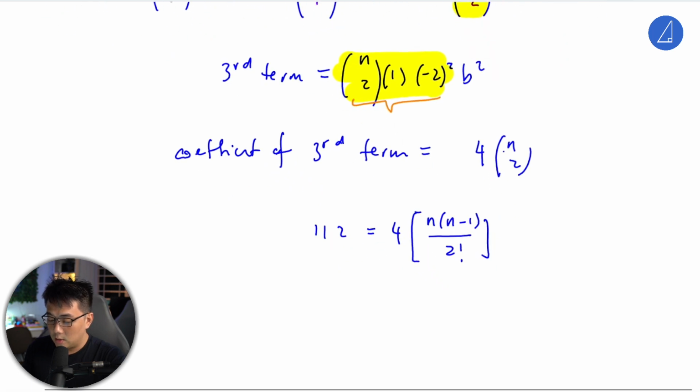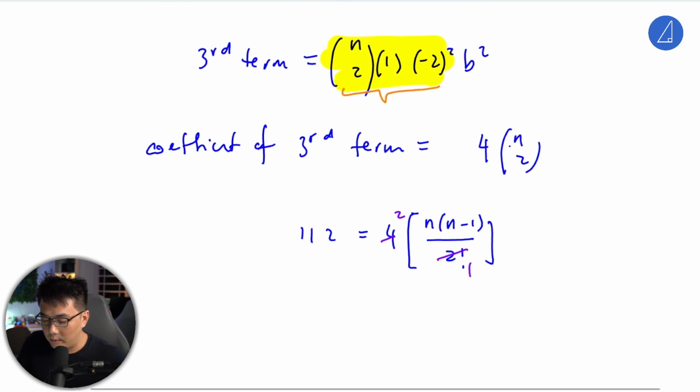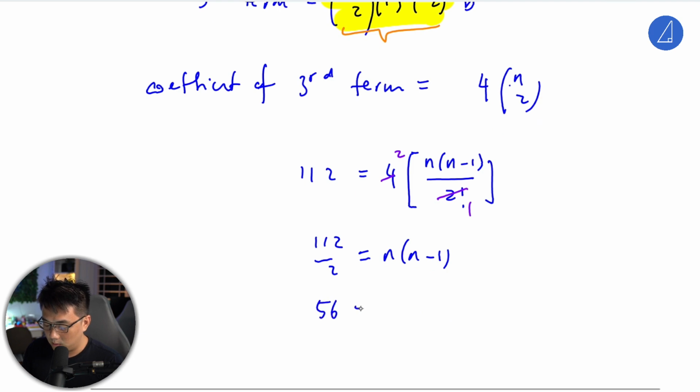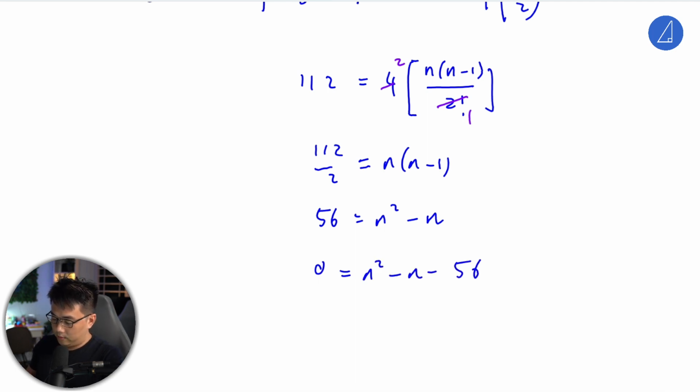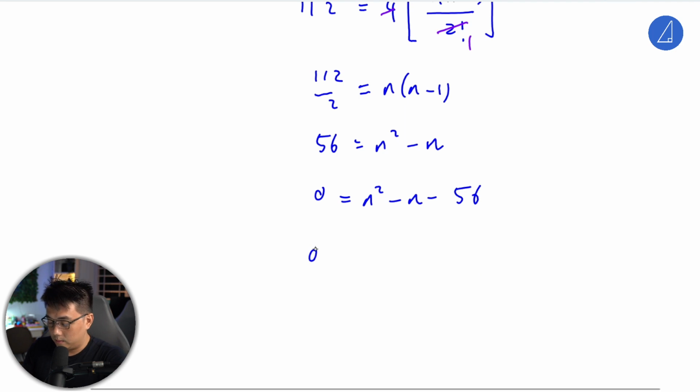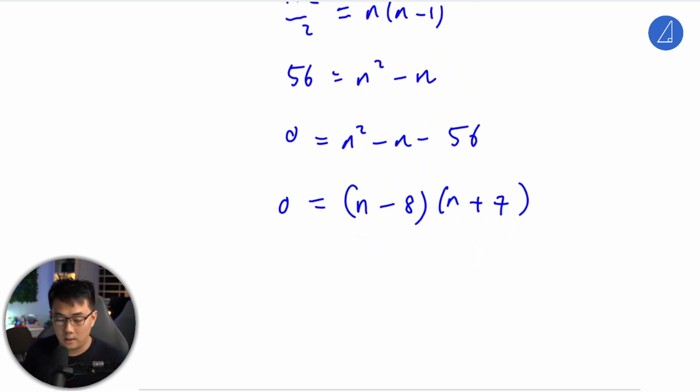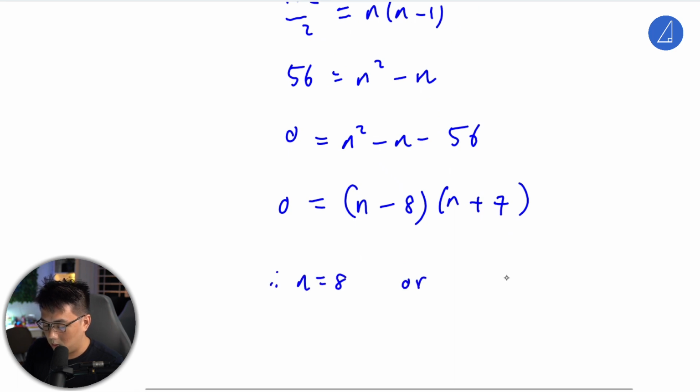So 112 divided by 2 equals n(n minus 1). 112 divided by 2 is 56, so it's n squared minus n minus 56 equals 0. 56 is 8 times 6, so that factorizes into (n minus 8)(n plus 7). Hence n equals 8 or negative 7.